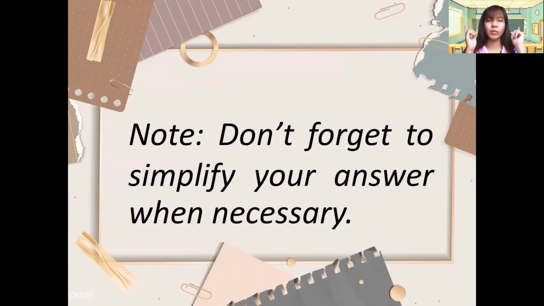You really have to think of what number is divisible to both numerator and denominator. Take note that it should be the same number, not a different number. If it's a different number, then you don't need to simplify. Again, if the final answer is an improper fraction, then you have to make it into a mixed number.